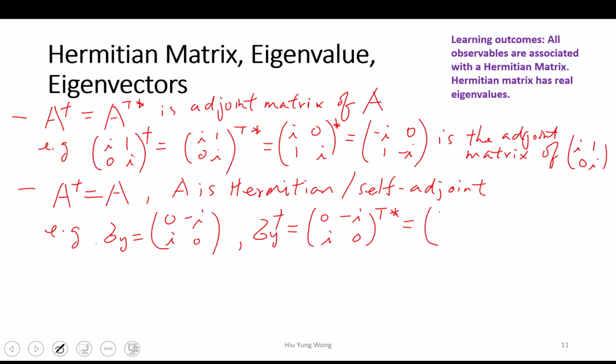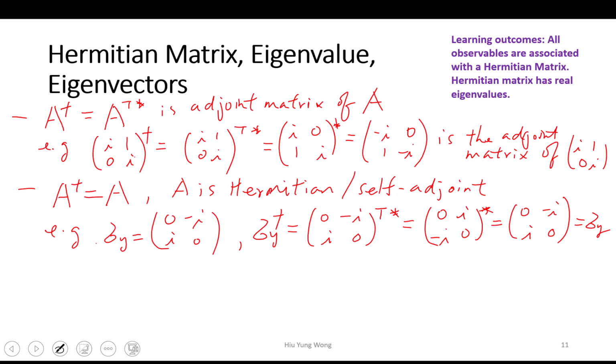When I do transpose, I just swap about the diagonal, so I move this one to here and this one to here. Then apply the complex conjugate, and it gets negative again. This one becomes i, which is just equal to sigma y. So this is a Hermitian matrix.